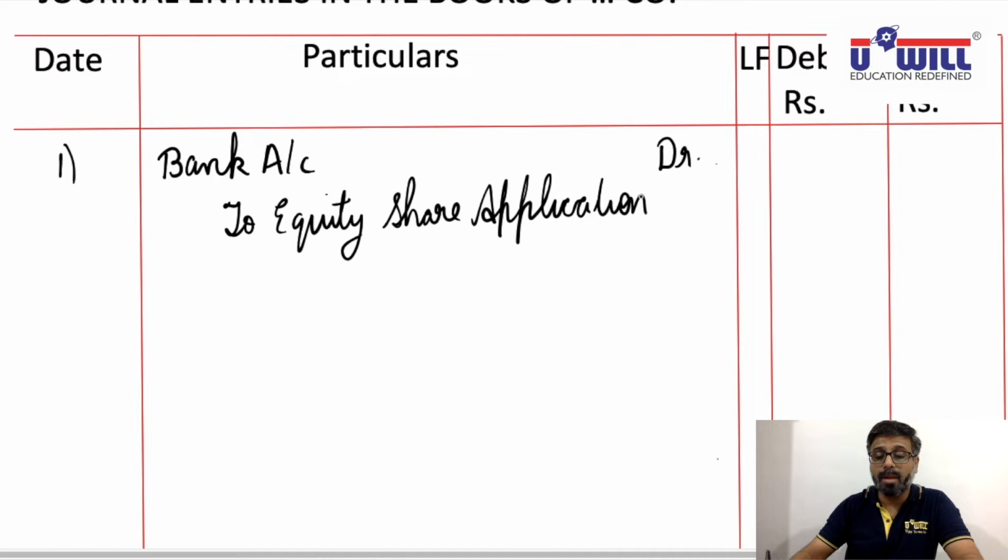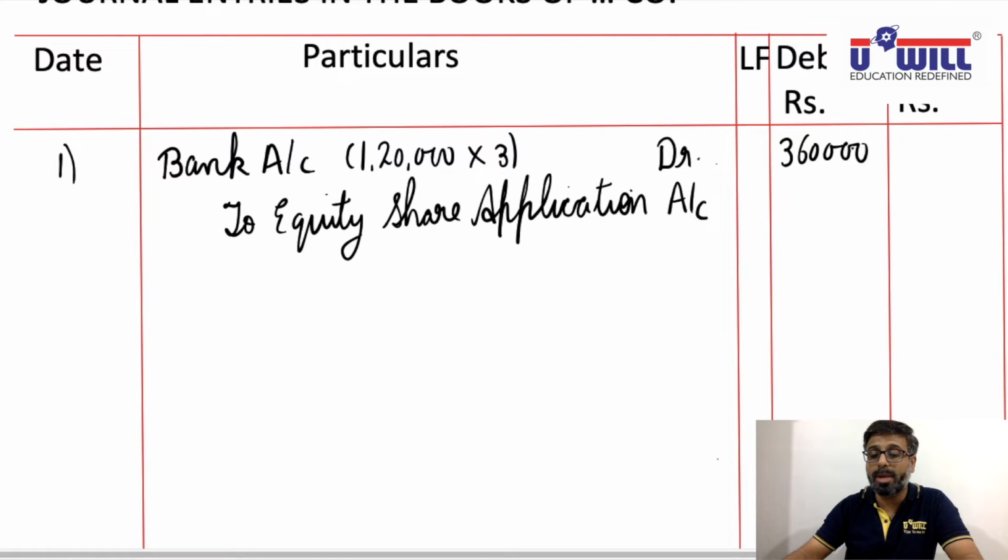As I said, first entry we will pass with 1,20,000 shares. So 1,20,000 applications received multiplied by 3 rupees of application money, 3,60,000. Now I will be only dictating the narrations. Narrations should be short and simple.